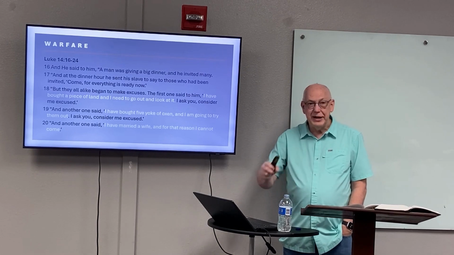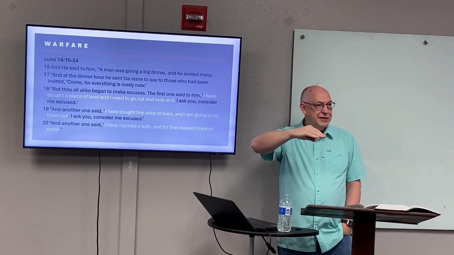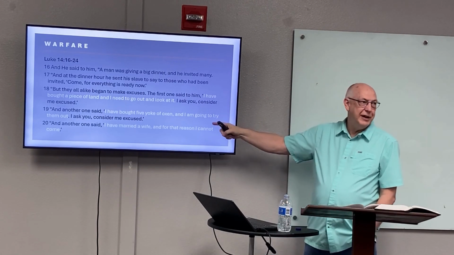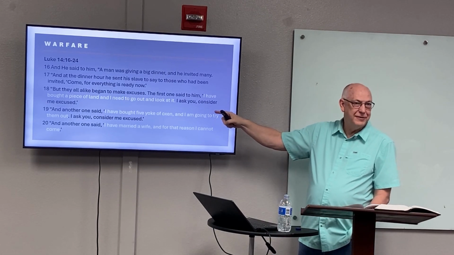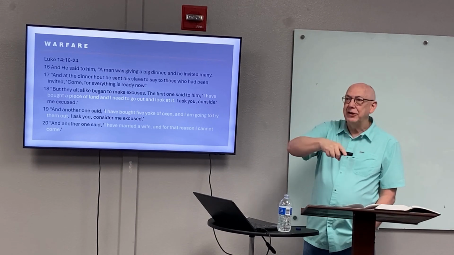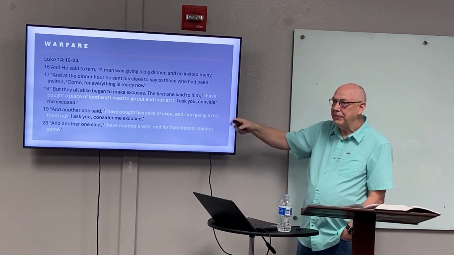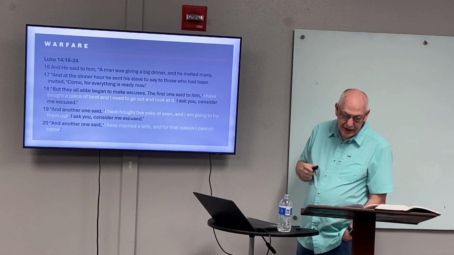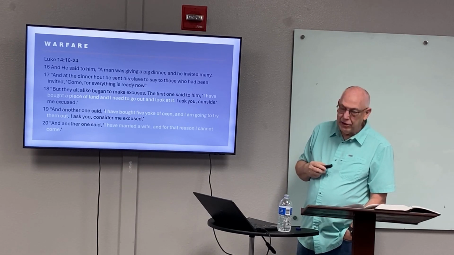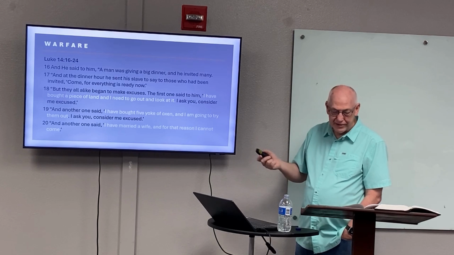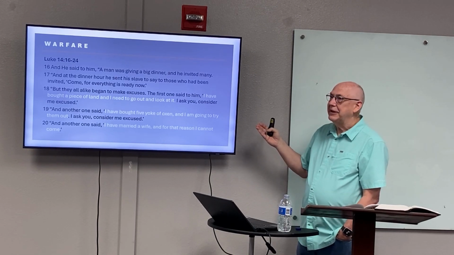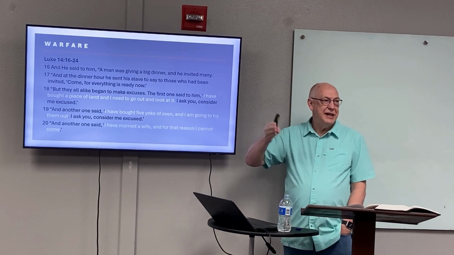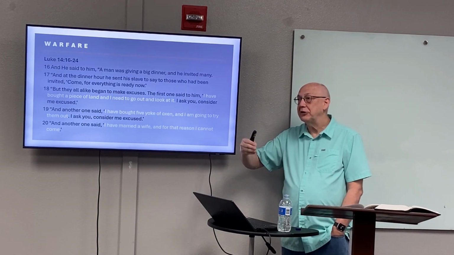Well, but the point here is they're using the same excuses that were exemptions in Deuteronomy. But what is their point here? Were they true? No, they're disingenuous. They're lying. Their point here is they're rejecting the king. They're rejecting the invitation. In Deuteronomy, the people who are staying back and taking care of the fields and their homes are still part of the community.